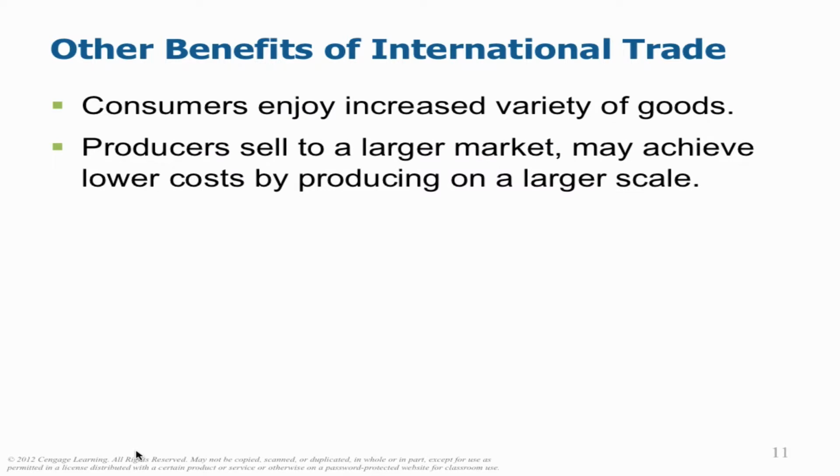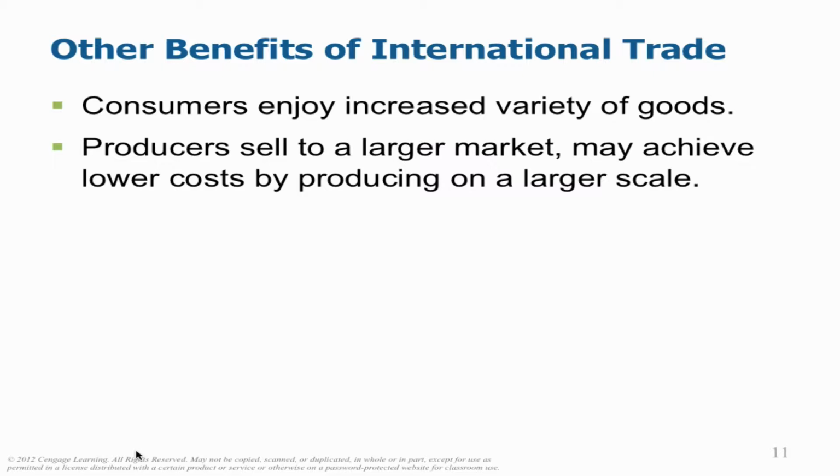Okay. Producers sell to larger markets and thus are able to make more and reduce their costs. It's called economy of scale. So they can provide what they make to everybody domestically and at the world market for a lower cost of production. That's a huge thing.